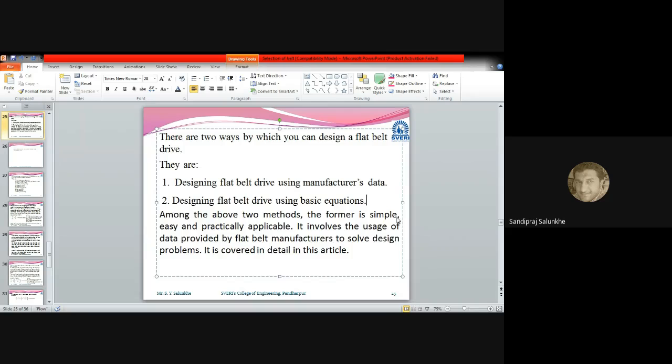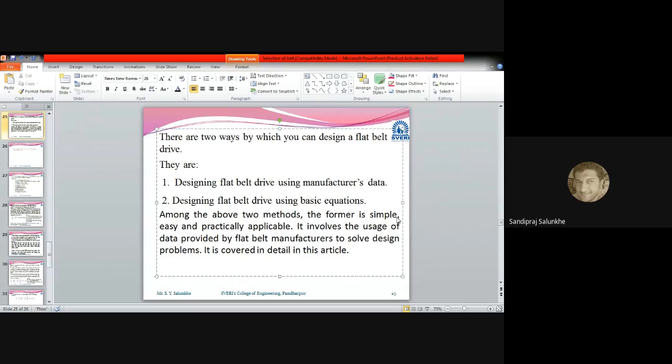So these equations also can be derived, and the first way is designing of that belt drive from the manufacturer's data, that is the manufacturer's catalog, the catalog which is available and provided by the manufacturer of the belt drive. So amongst these two ways, the former, that is number one method, is simple and practically applicable too. It involves the use of data provided by the flat belt manufacturers to solve a design problem.